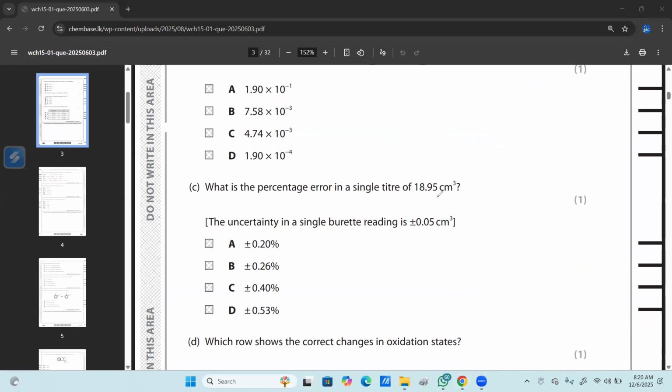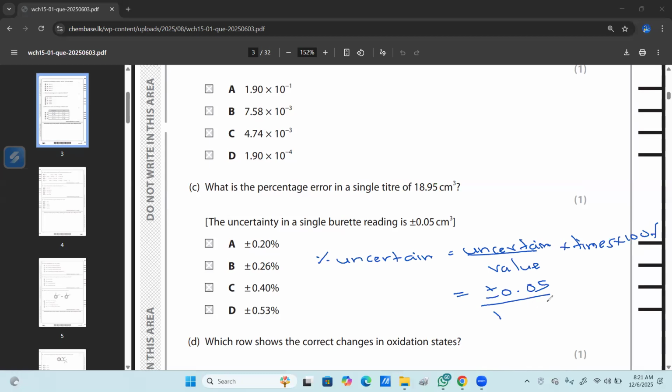What is the percentage error in a single titre of 18.95? So percentage uncertainty is given by uncertainty divided by the value into how many times we are using the apparatus into 100%. So the uncertainty they have given as plus or minus 0.05.